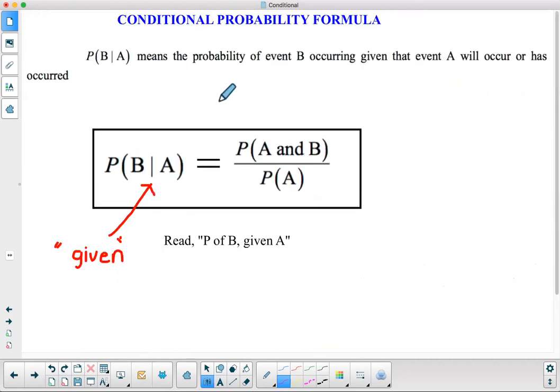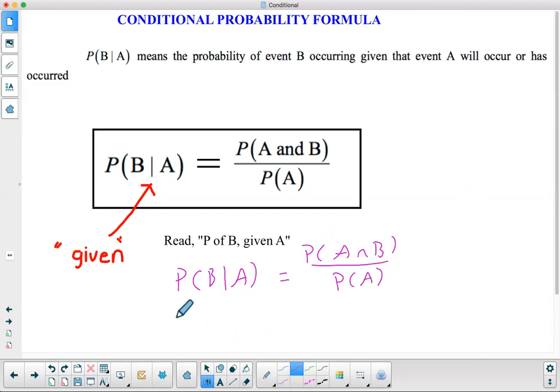Okay, this is the formula for all of that. I kind of hinted at it before, but it is the probability of B given A is equal to the probability of both. I'm going to use the intersect over the probability of the given.